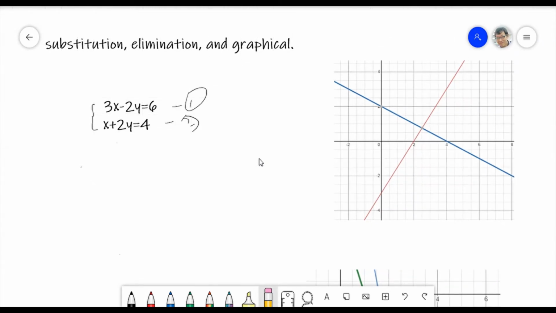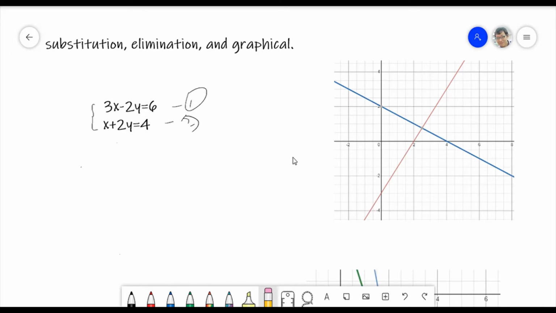For these two equations, I will use substitution. Substitution means you first find x, and then take this x and put it into the other equation to solve it. So how do you do that?